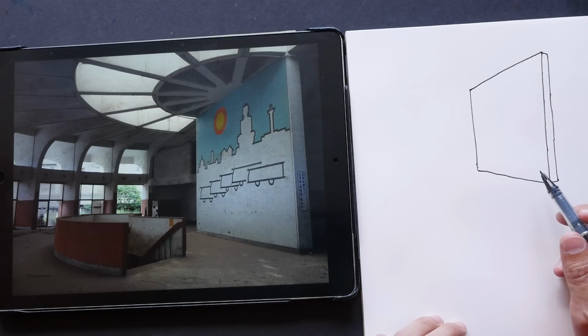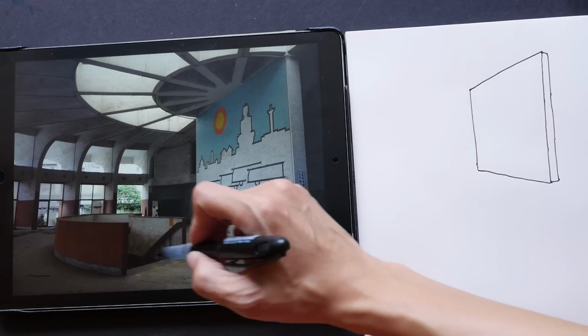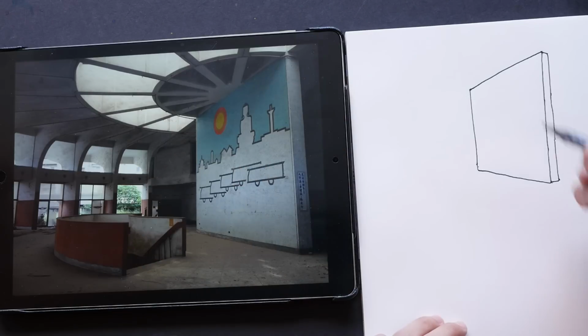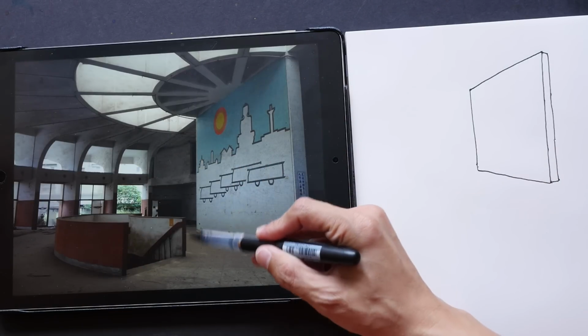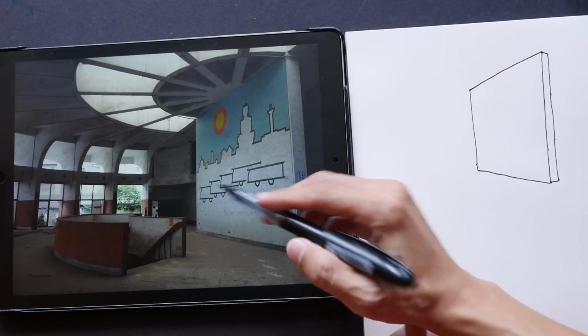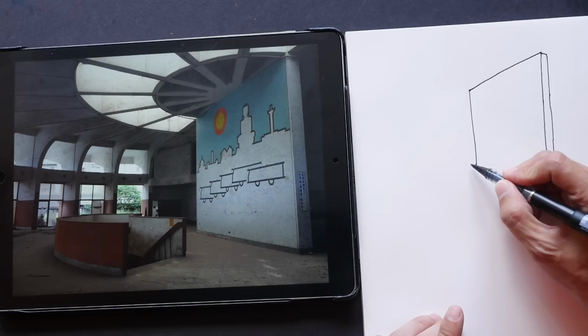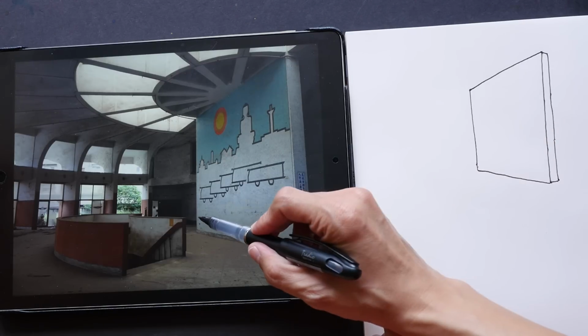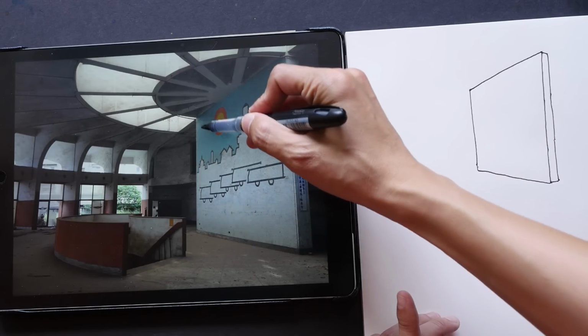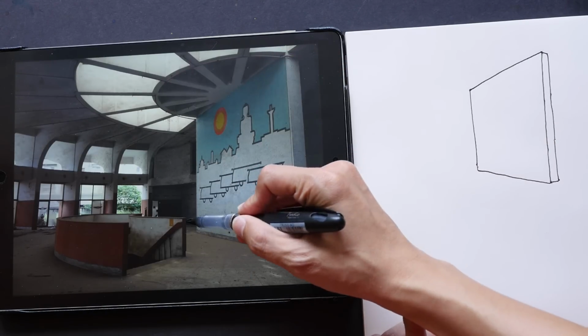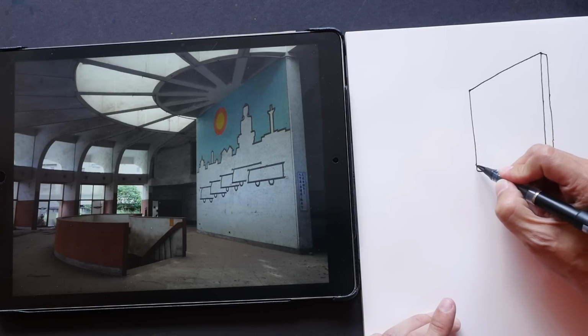Now the next thing I want to draw is this spiral staircase that goes down. I want to start with this edge here. This edge here, the top starts at this point here. If you align it to this vertical wall here, it starts somewhere around here.